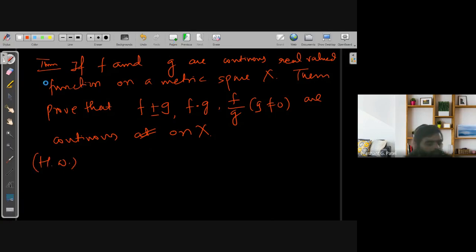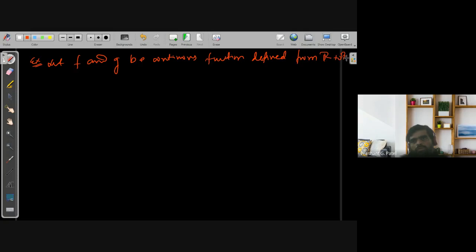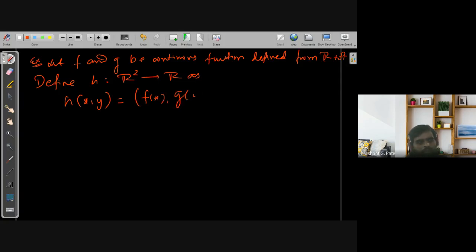The next one, or I can say the next example, is: let f and g be continuous functions defined from R to R. So they are real valued functions from R to R. And let us define some function h, which is from R square to R, as h of (x, y) is equal to (f(x), g(y)) for every (x, y) belongs to R square.